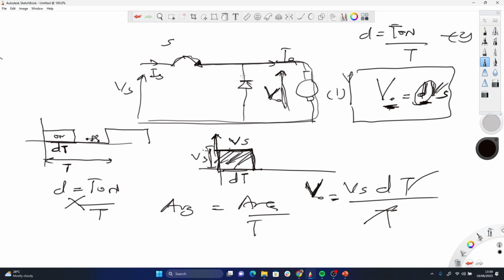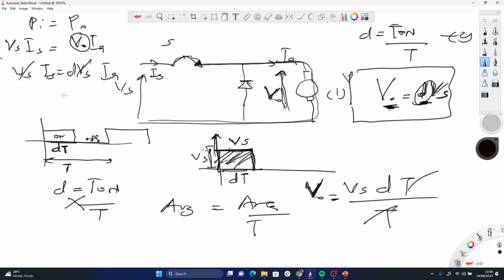The next thing, if this is a lossless system, it means that Pi is equal to P out. Pi is Vs Is, and P naught is V naught Ia. But I know that V naught is delta Vs, so I can write this as delta Vs Ia.